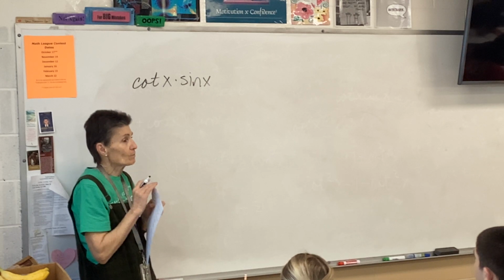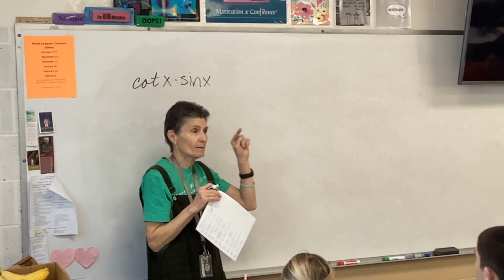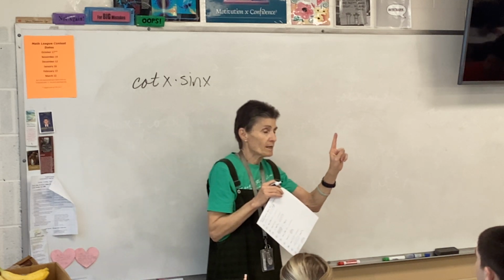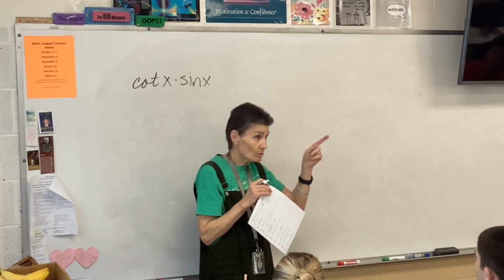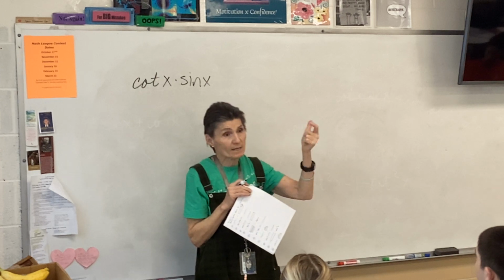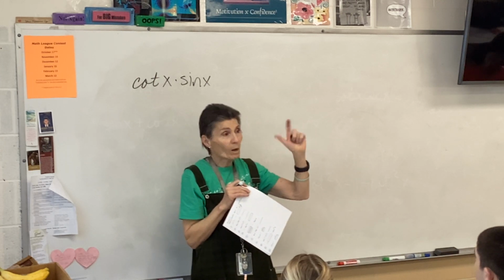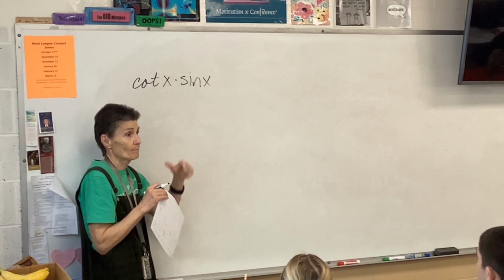Okay, I can think 1 over tangent, but I'm going to say this again, and I know I said it yesterday. Listen to me. When we are changing things into other things, like tangents and cotangents, almost always we're going to use the sine-cosine definition. So what is cotangent in terms of sines and cosines?